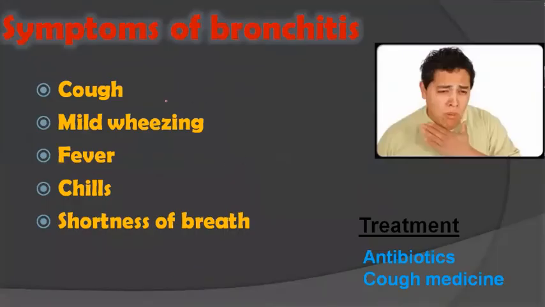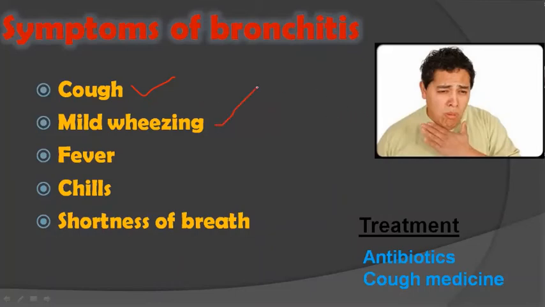If we see its symptoms, the common symptom for both chronic and acute is cough, due to the presence of mucus in the bronchi and bronchioles, as well as sputum and the narrowing of those tubes.